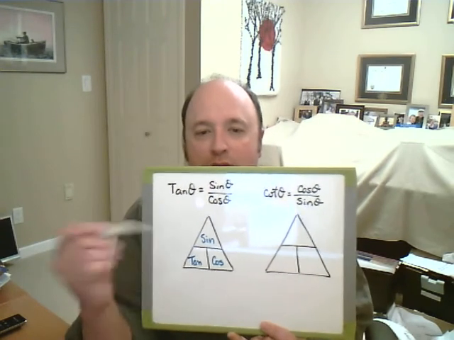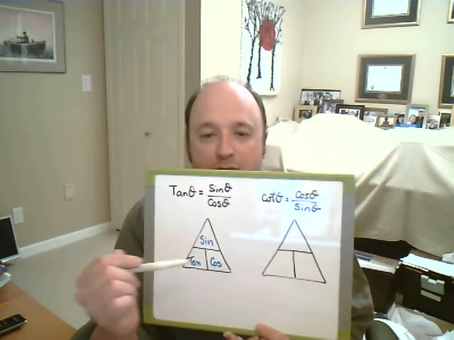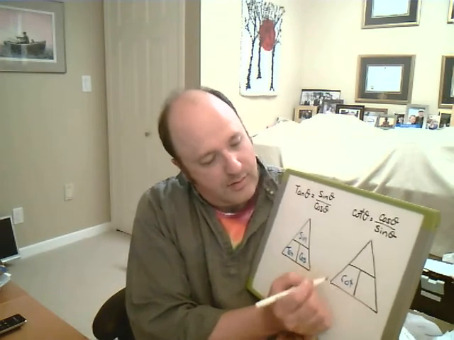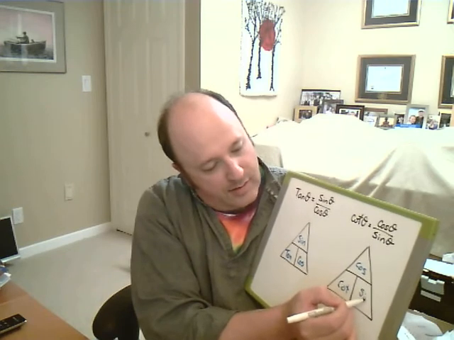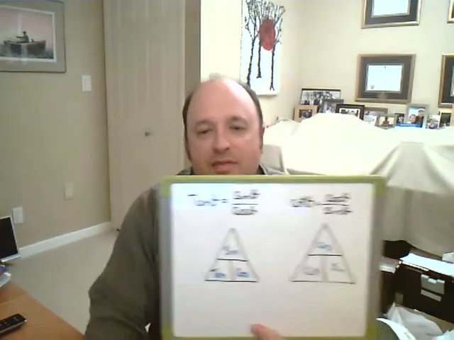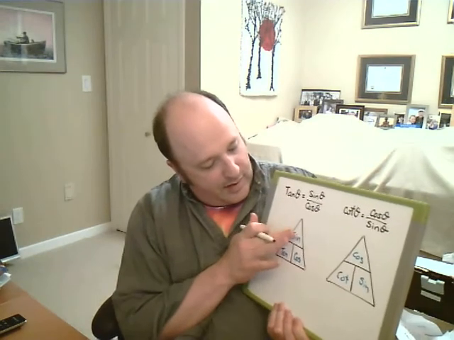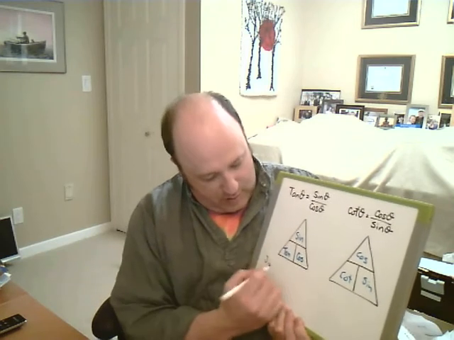Okay, so cotangent, well that's the same as the tangent, that goes in one of the two bottom spots, right? So I'll put cotangent here. And it's cos over sine. And we can make 3 different formulas out of this. I can have a formula for sine, so sine is tangent times cos.